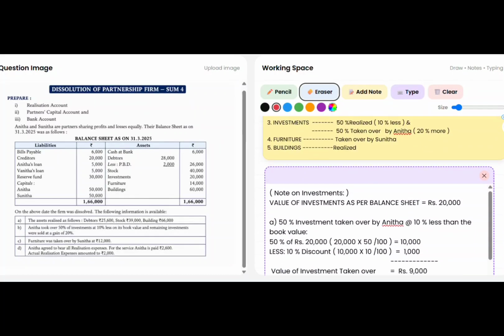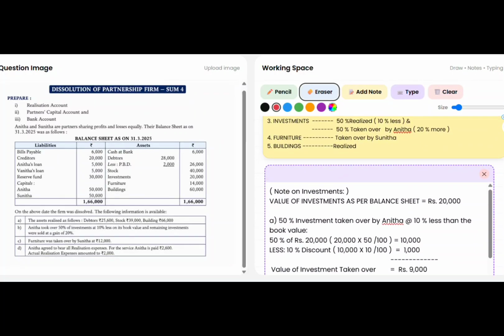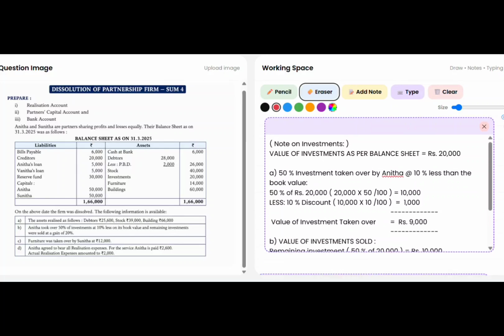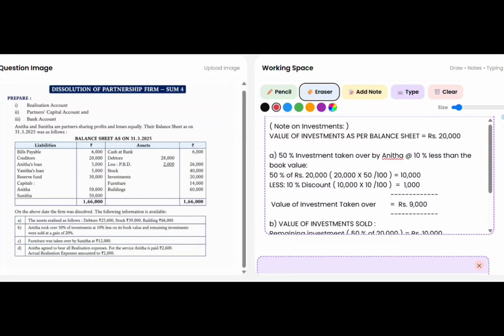Now here we have to see a note on the investments. As per the adjustments, 50% of the investments is realized and 50% is taken over. So let's see the note on how to calculate. The value of the investments as per the balance sheet is 20,000.